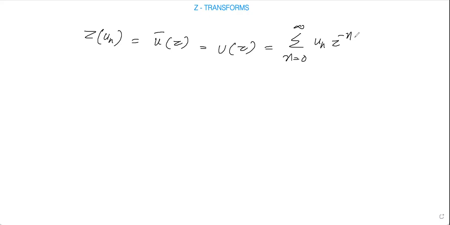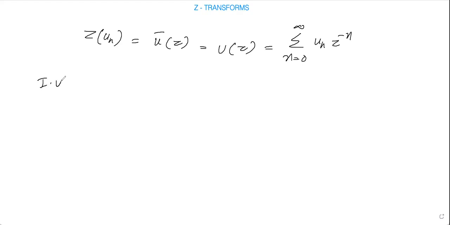And let us solve a few problems related to Z transforms. We have the initial value property and the final value property. Let us have a look at that.